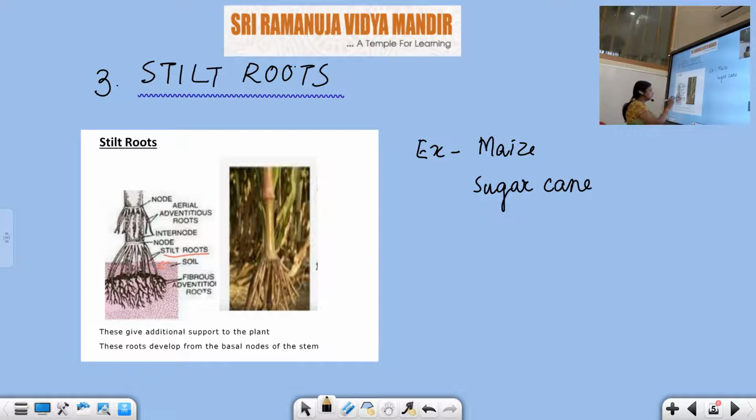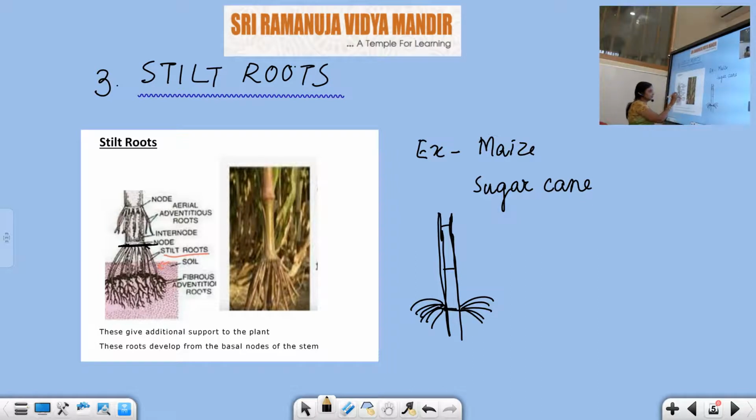You can observe clearly, this is the plant stem, here one node is present, another node is here, and in this place another node is present. So the plant has so many nodes. From the lower nodes, fiber-like roots arise.